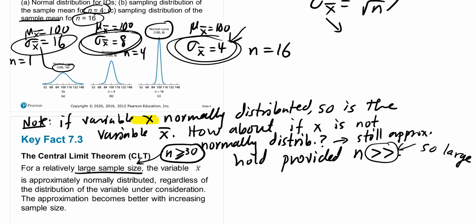The approximation becomes better as the sample size increases. This is very important. So n must be bigger than or equal to 30. Researchers agreed that 30 or more is a really large sample size.